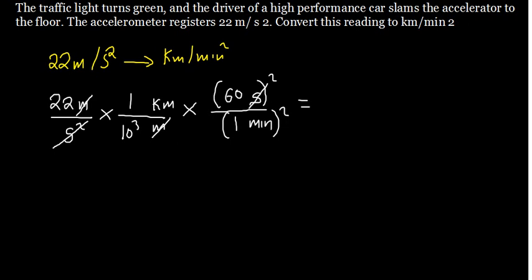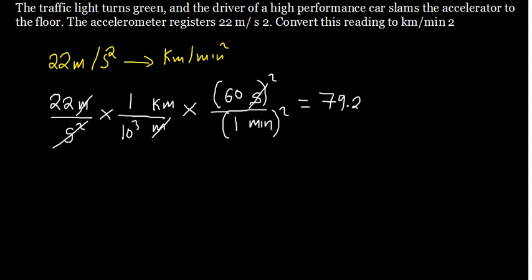So the answer then, we are going to get the 22, which is here. We are going to multiply that with 60 squared. So in the denominator, we are now going to divide. In the denominator, we only have 1000 there, right? Which is 10 to the power 3. So the answer is going to give us 79.2. What unit do we have on top?